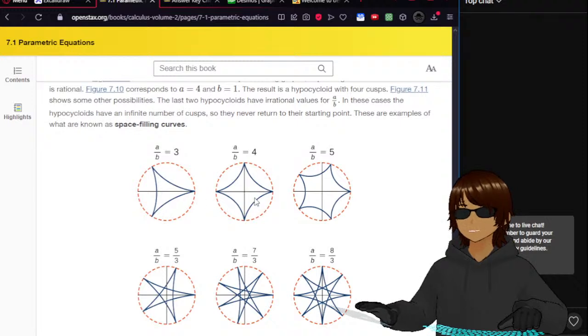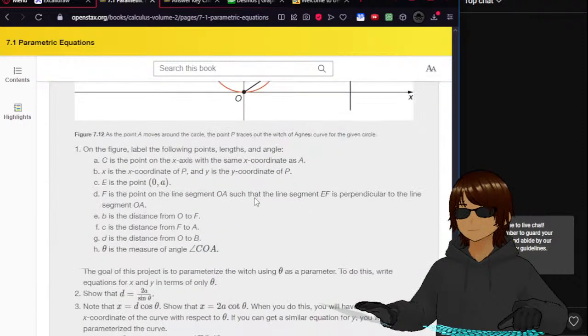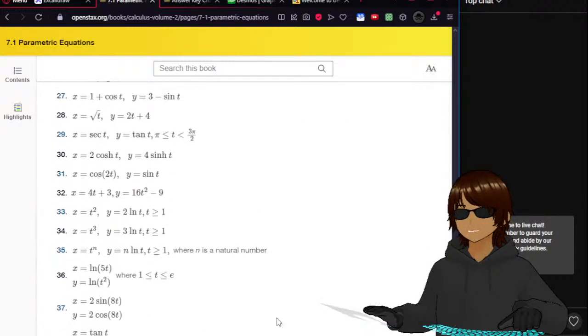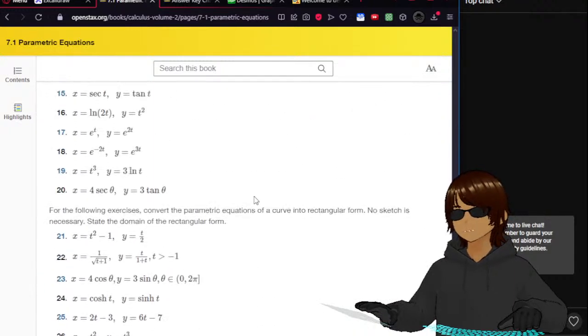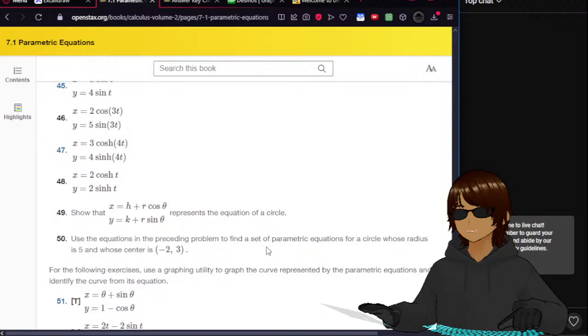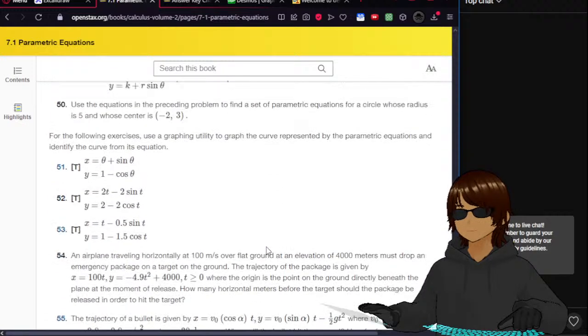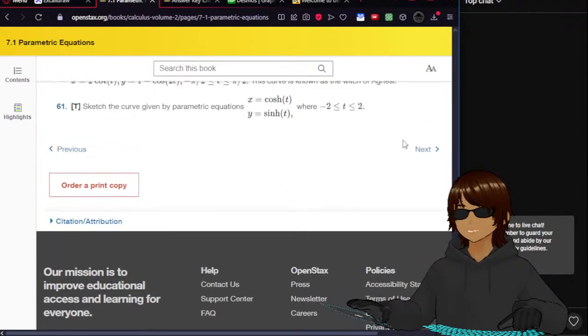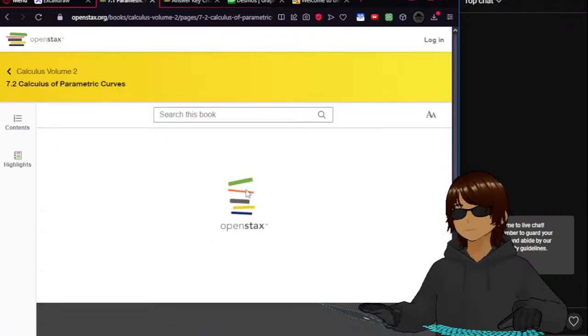Yeah, I think I sort of understand it. Should I do some exercises? What are they about mainly? Convert the curve into rectangular form. No sketch is necessary. Okay, let's just go to the next chapter. I need to read more about the last part, about the circles.